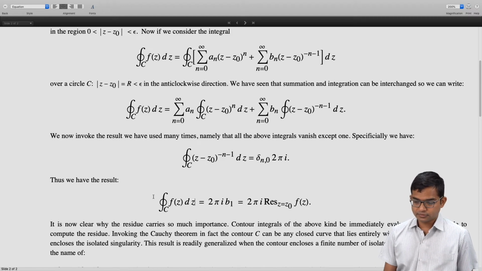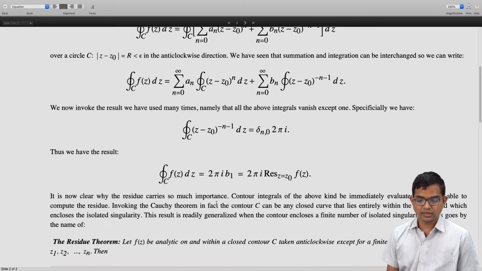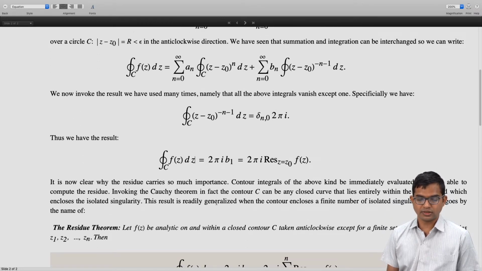In fact, this result can be generalized to include many singularities, and that's the theorem which we state. It's the residue theorem.